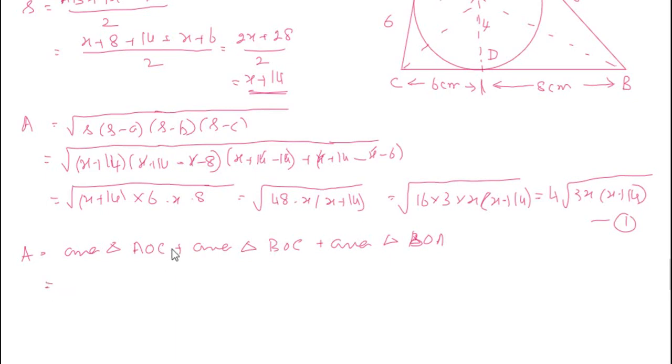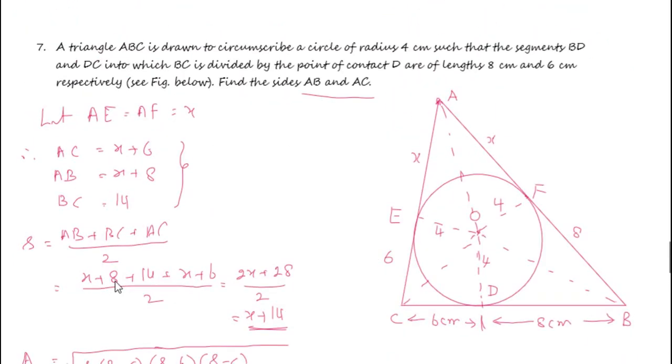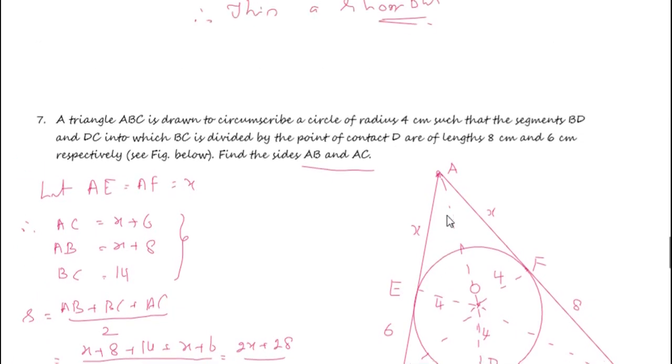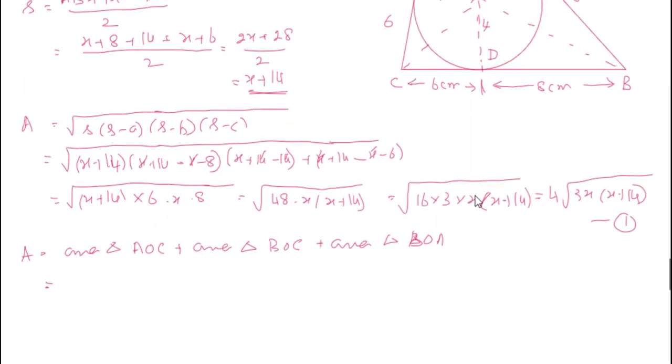Now area of triangle AOC. AOC is this one. Base is 6 plus x, height is 4. So it is half into 6 plus x into 4.